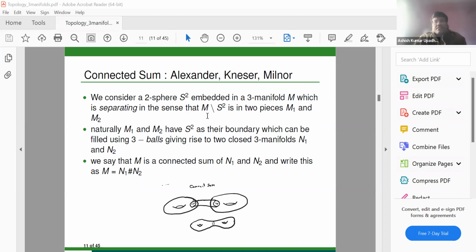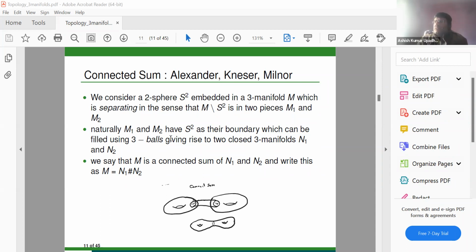Separating in the sense that if you remove the sphere, then the remaining part is in two pieces, M1 and M2. So naturally, M1 and M2 will have the two sphere as their boundary, and this boundary can be filled using three balls, giving rise to two closed three manifolds N1 and N2.